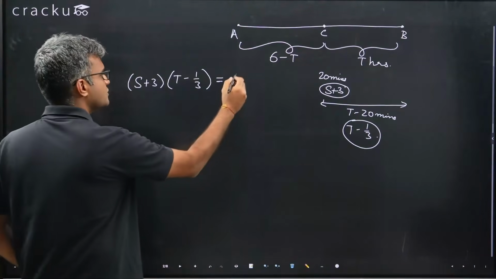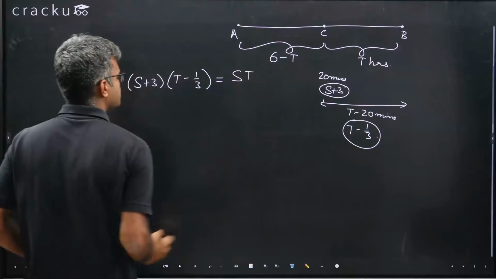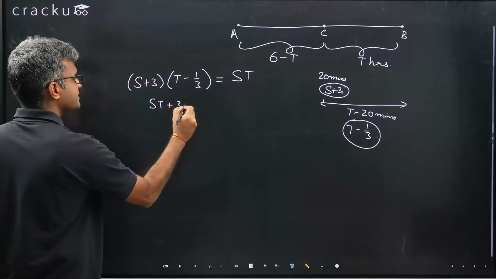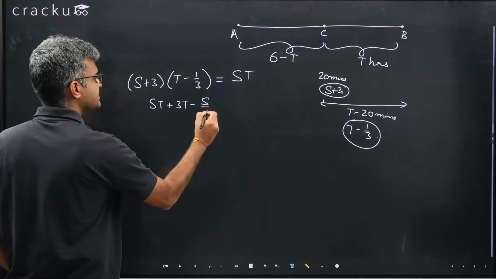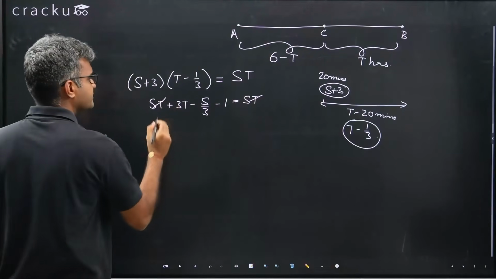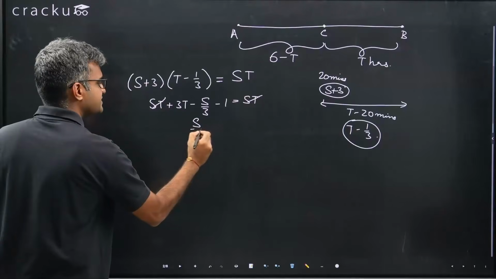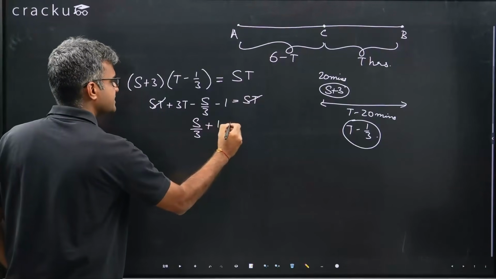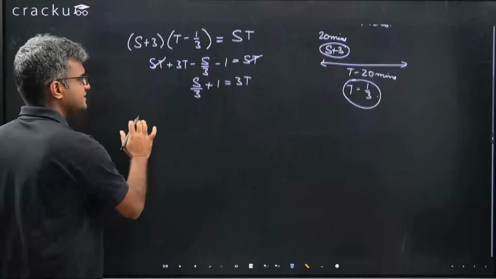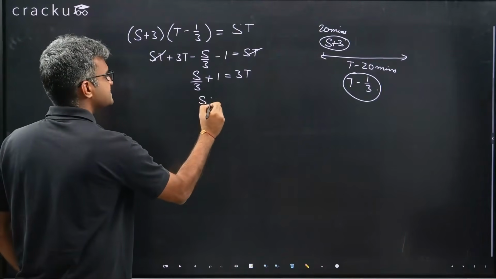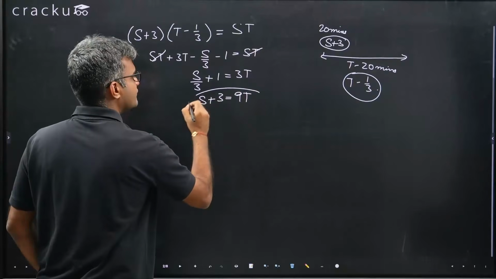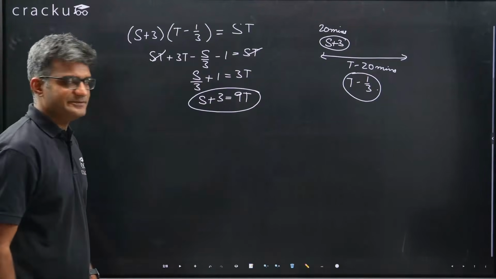Now you can just expand it. ST plus 3T minus S by 3 minus 1 is equal to ST. You can cancel both of them. The value of S by 3 plus 1 is equal to 3T. You can multiply this equation with 3. So S plus 3 is equal to 9T.